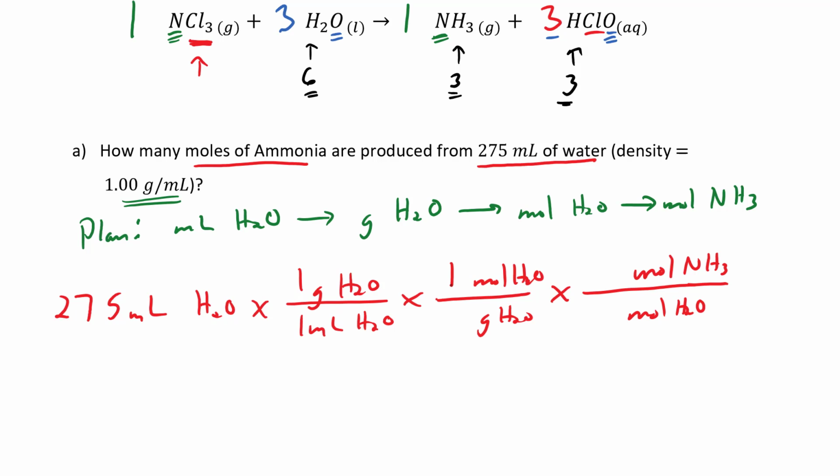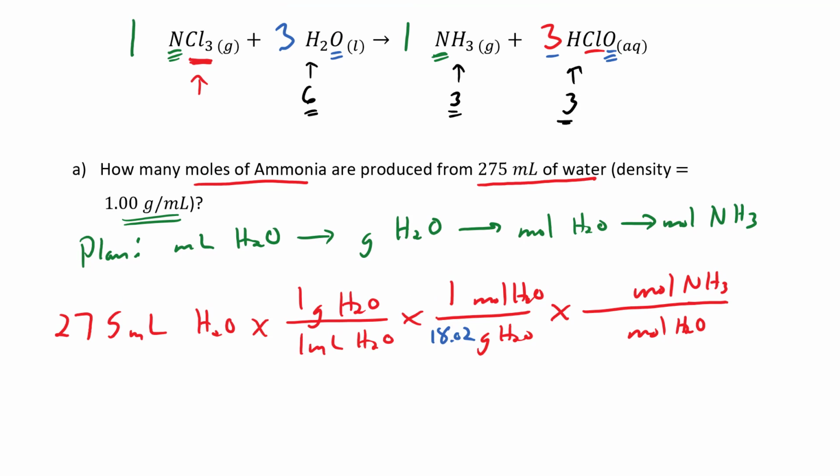To convert from grams of water to moles of water, we'll use the molar mass. Molar mass of water: oxygen is 16, hydrogen is 1.008 times 2, 18.02 grams. In terms of our mole bridge, we'll use our balanced chemical equation. 3 moles of water reacts to create 1 mole of nitrogen.